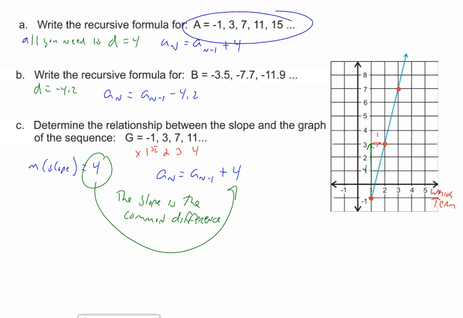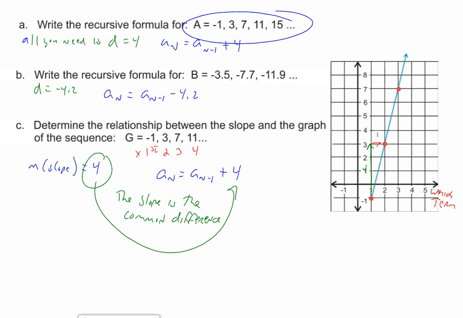Up 4, right 1, up 4, right 1, up 4, right 1. Common change and common difference, same concept. So arithmetic sequences are linear. They can have a positive slope or a negative slope. They're linear, and the common difference equals the slope.